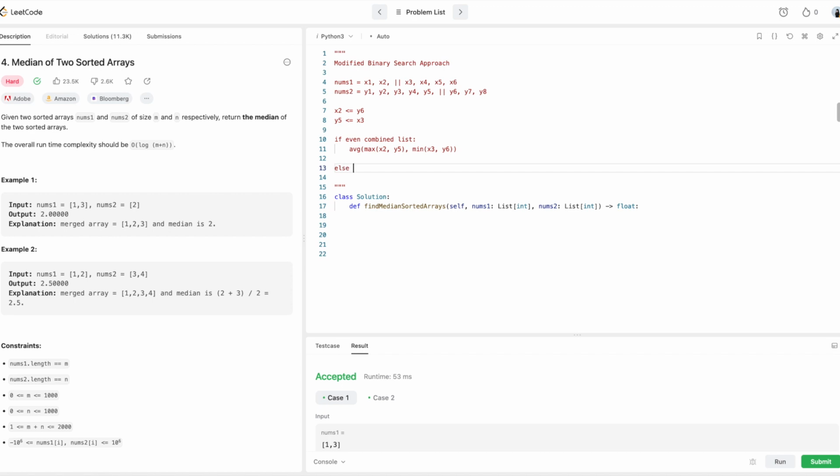And else if it's an odd case, we just need to find the max of x2 and y5.